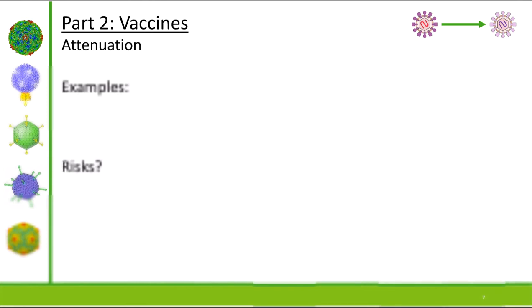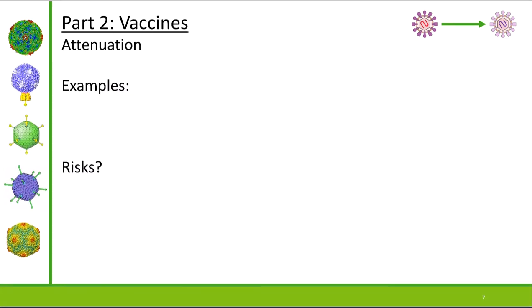Of course, when we have attenuated viruses, there are some inherent risks. Before we talk about those, let's talk about some examples of attenuated vaccines. One attenuated vaccine is the poliovirus vaccine, and this vaccine is administered orally.